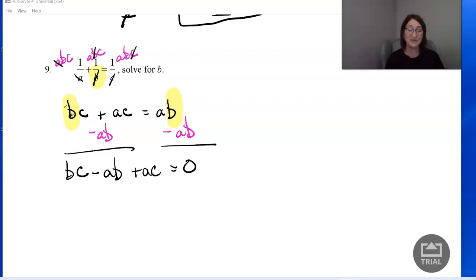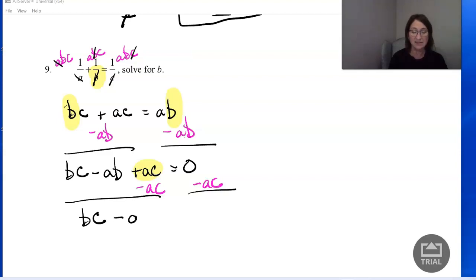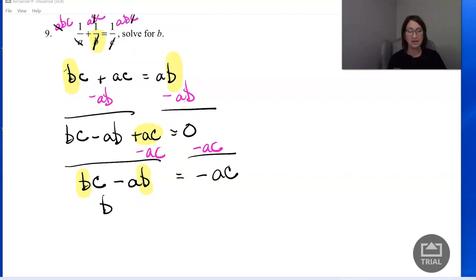Well, I don't need this AC. That needs to go back over to the right. So I'm now going to subtract AC from both sides. So that's going to give me BC minus AB equals a negative AC. We're going to take out a B, and that's our greatest common factor.